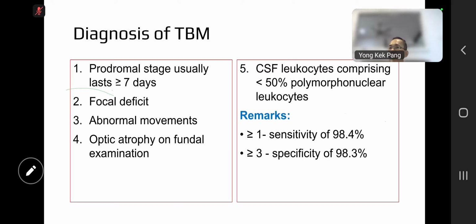If the patient has one of the above criteria, the sensitivity is 4%. If they have 3 or more, the specificity is very high, 98.3%. So you can actually make a diagnosis based on these features.